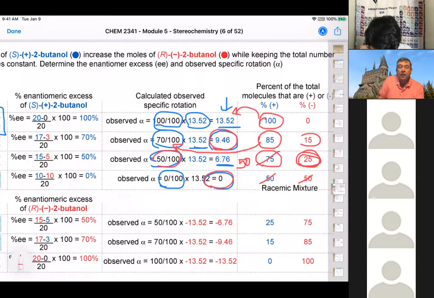Okay. So what we see in enantiomeric excess is the percent of the molecules that aren't canceled out. And that's not the same as the percent of the molecules in the solution. It's the percent of molecules that aren't canceled out.